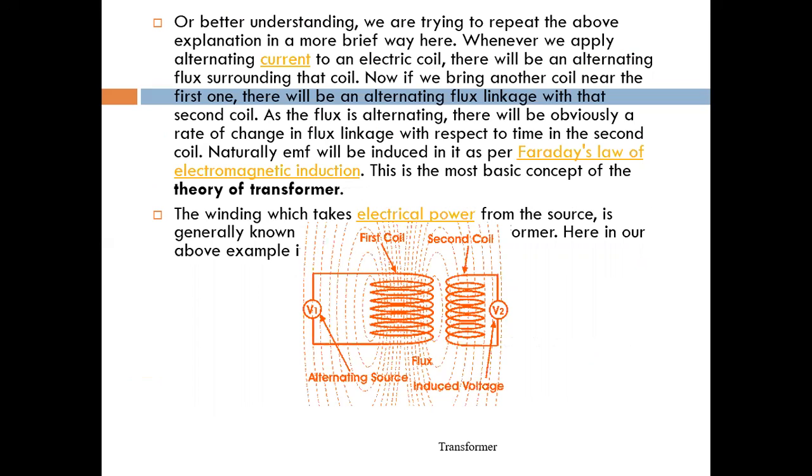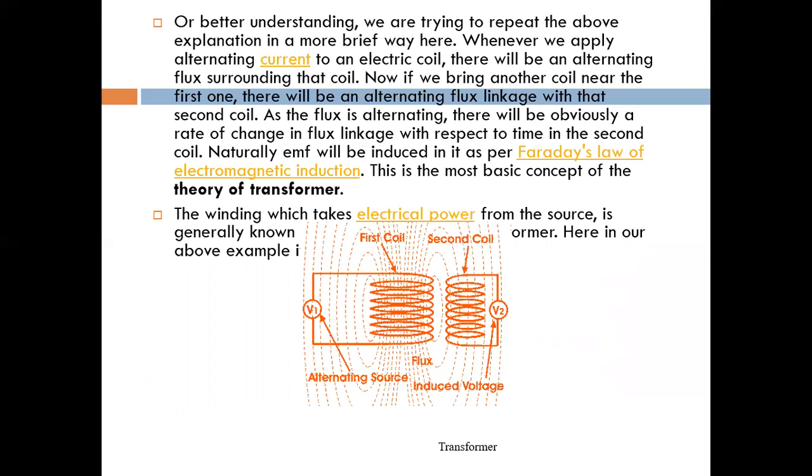Whenever we apply alternating current to an electrical coil, there will be an alternating flux surrounding that coil. Now, if we bring another coil near the first one, there will be an alternating flux linking with that second coil, but there is no frequency change between the primary and secondary coil.